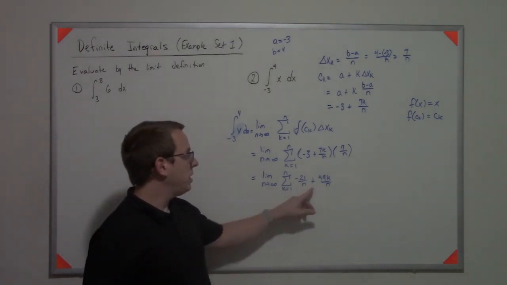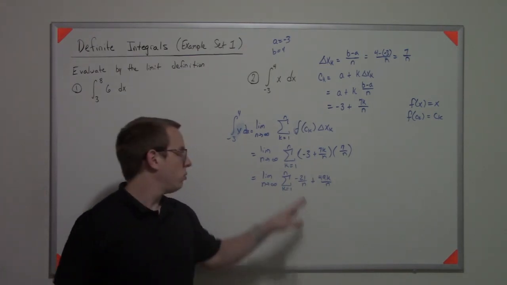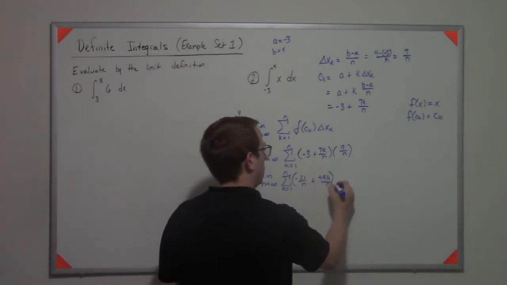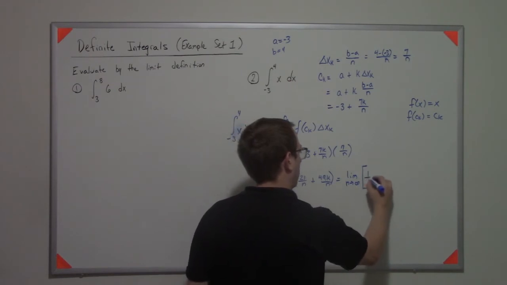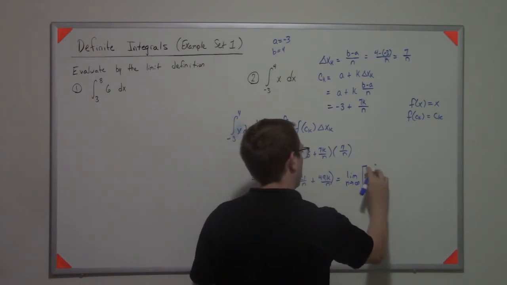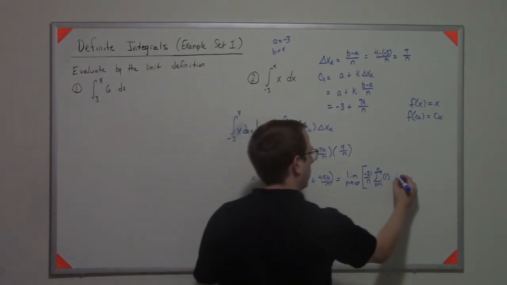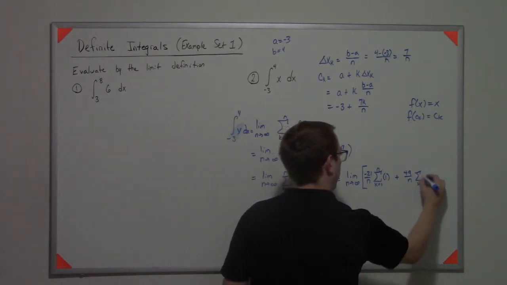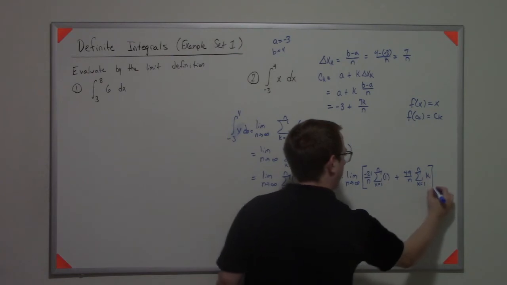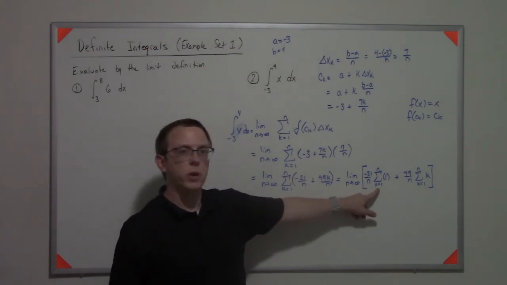But these n's and 21s and 49s are all constants relative to the sum. So we can pull out the 49 over n, and we can pull out the negative 21 over n.